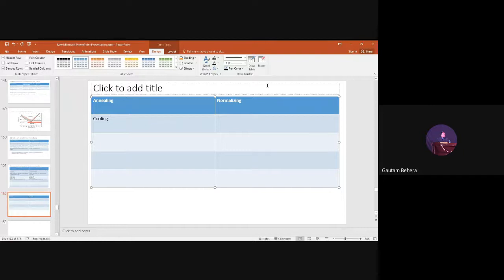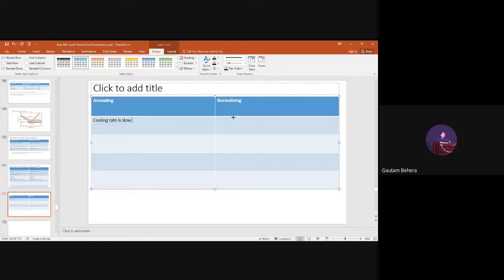Yes, I'm back. So the cooling rate here is slow. Here the cooling rate is fast, comparatively fast. I'm comparing, so I can write fast directly. Slow means what should I write here? Which kind of cooling? Equilibrium or furnace cooling. Furnace. Very good. So here what should I write? Air cooling. Very good.